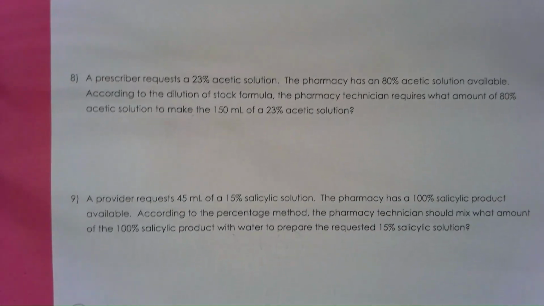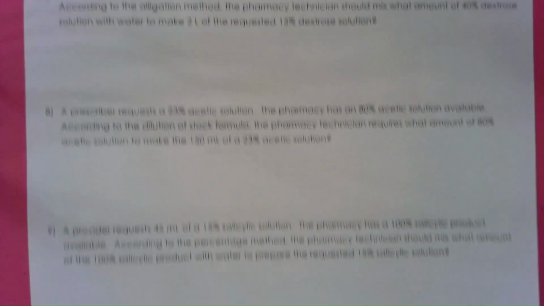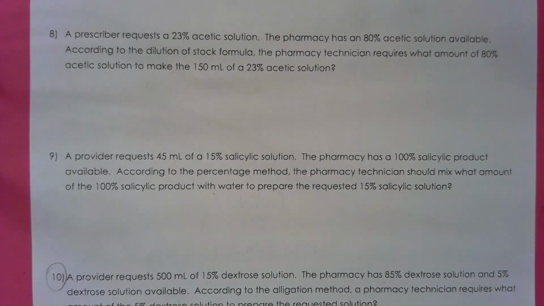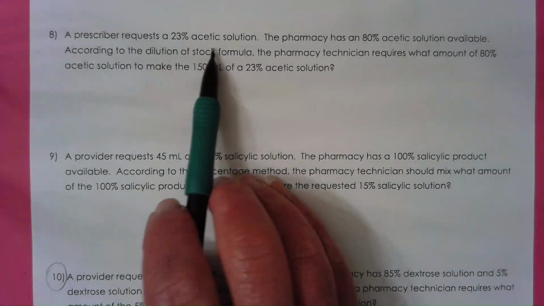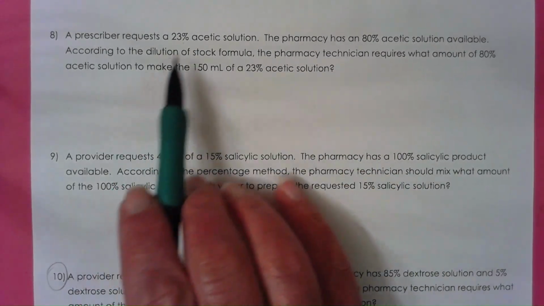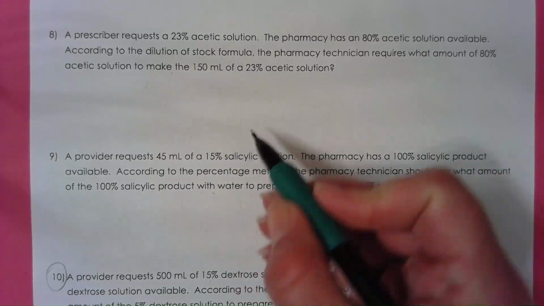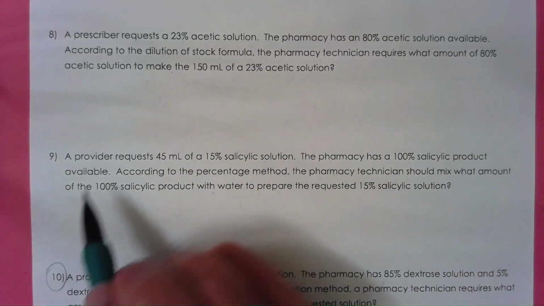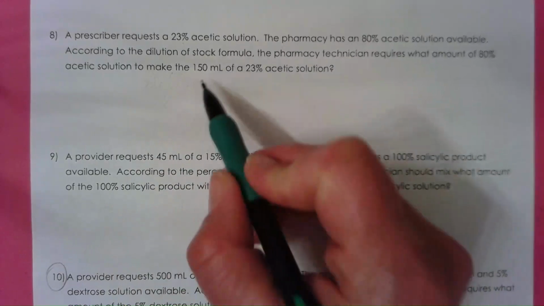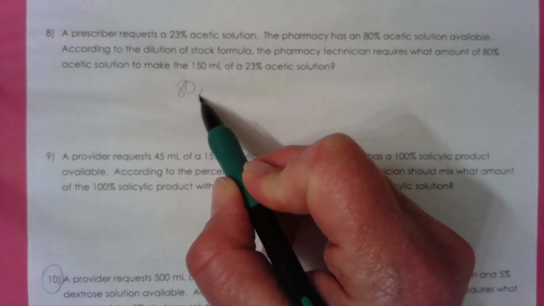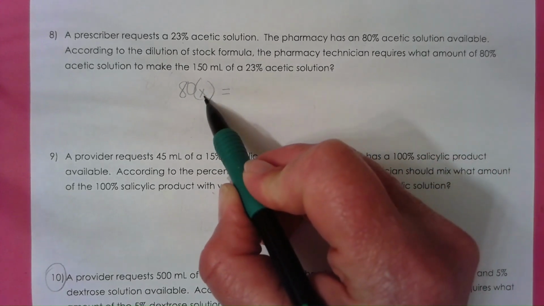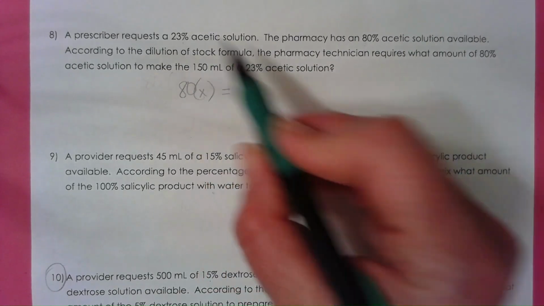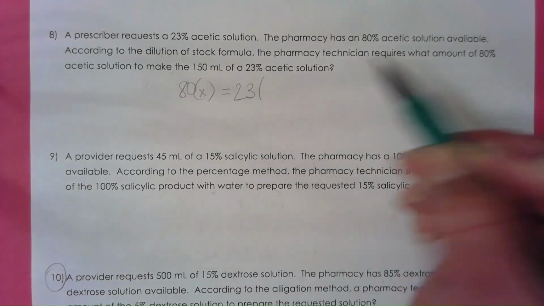Okay, flip it over. We're going to jump to number 8. So they requested a 23% acetic solution. We have an 80%. So we're going to plug into our formula. Concentration 1, we have an 80%. Volume 1, we don't know. Concentration 2 is 23. Sorry about that.